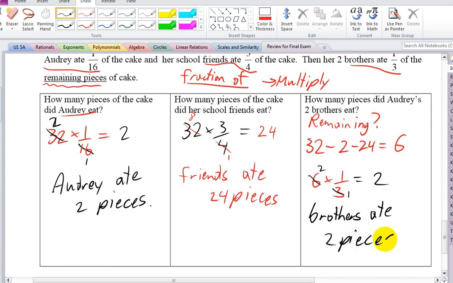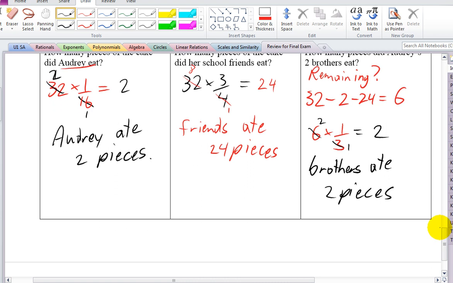Brothers ate 2 pieces. What you need to do, number 1 is for your homework, you have 2 sections from your outline. Your outline says to do the integers and rationals.